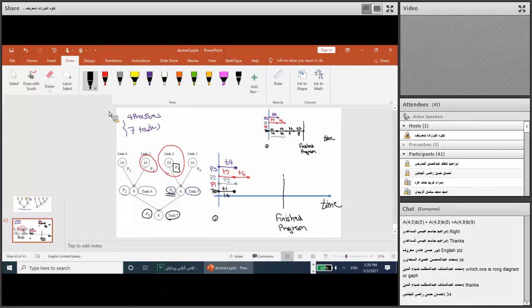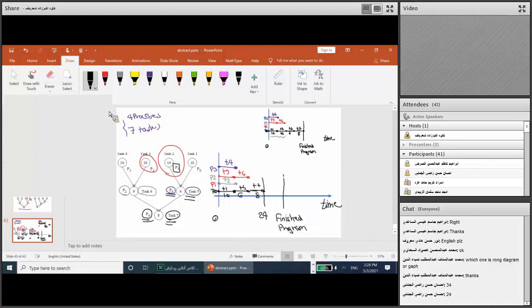Next, P0 is used to execute task 5 and task 7. Task 5, task 7, 6, 8. Therefore, the whole program finishes at time 24 instead of 34.